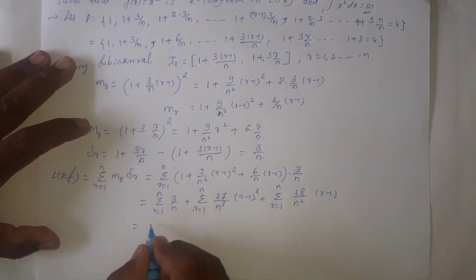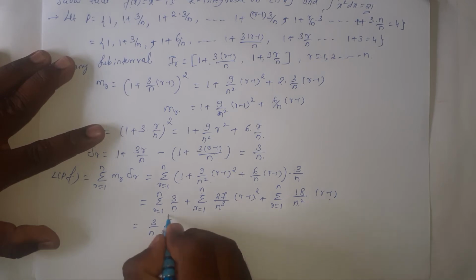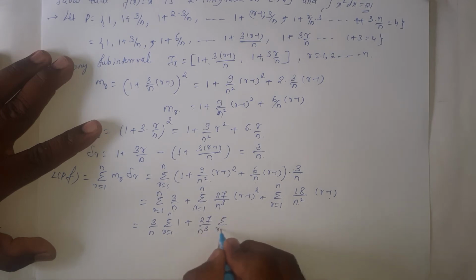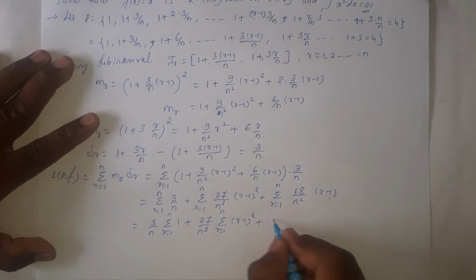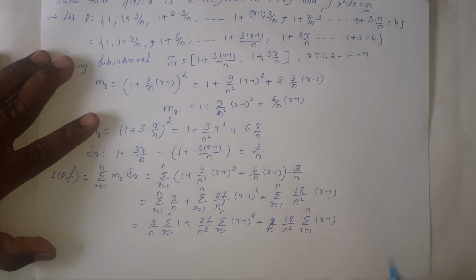Here this 3 by n is constant, means it is independent of R, into summation over R is equal to 1 to n of 1, plus 27 by n cube into summation over R is equal to 1 to n of (R minus 1) whole square, plus here 18 by n square is independent of R, 18 by n square summation over R is equal to 1 to n of (R minus 1).